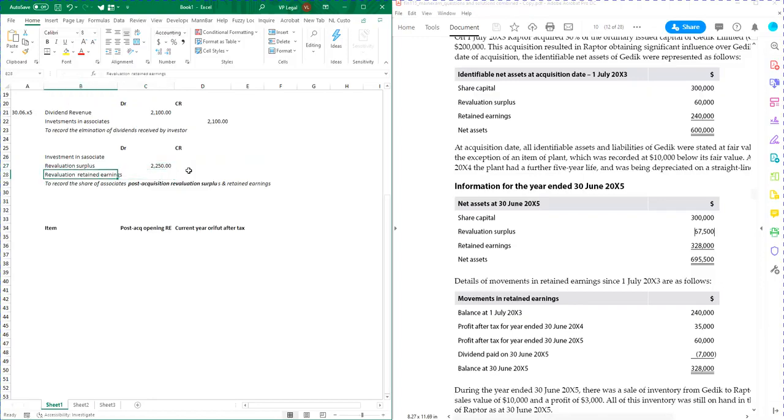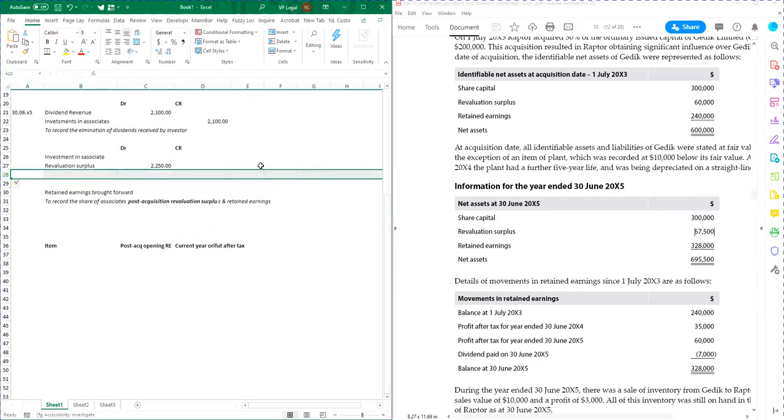Now, for the revaluation of retained earnings, let's have a look over here. Okay, I'm going to come back to this one. I might actually split it out into a different journal as well.